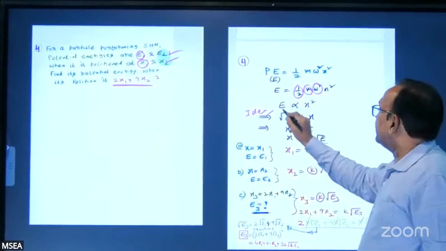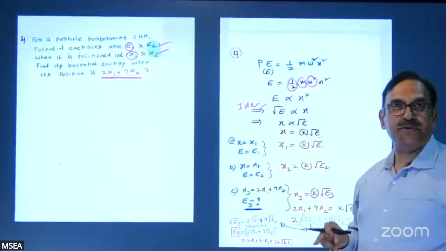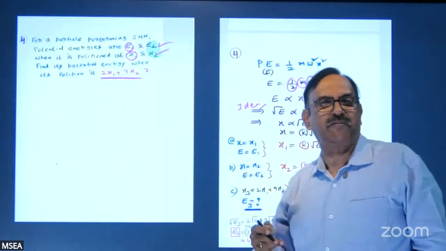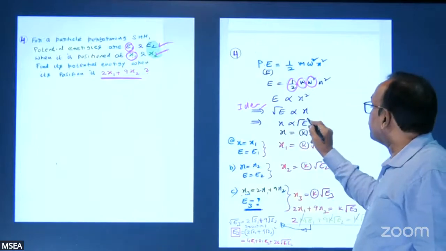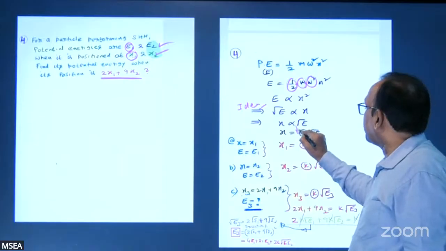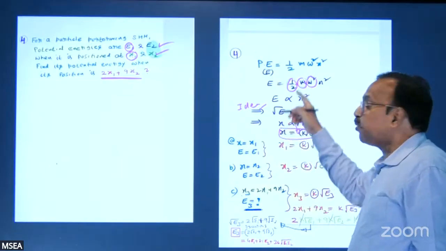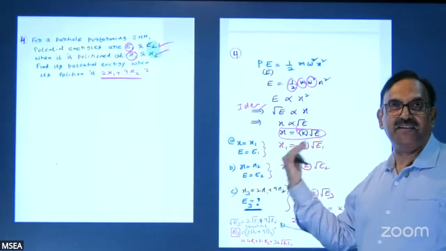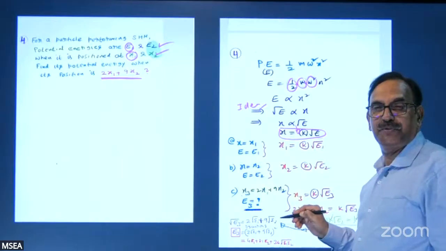Taking square root, E is proportional to x square, so root E is proportional to x. That means when A is proportional to B, B is also proportional to A. So x is proportional to root E. The proportionality sign is replaced by a constant term. This particular formula will rule this small question, and you have to use it exactly thrice hereafter. So x is equal to k root E, k into root E.